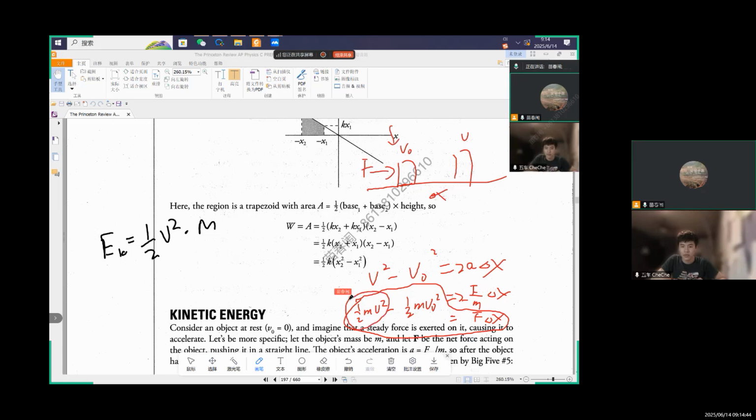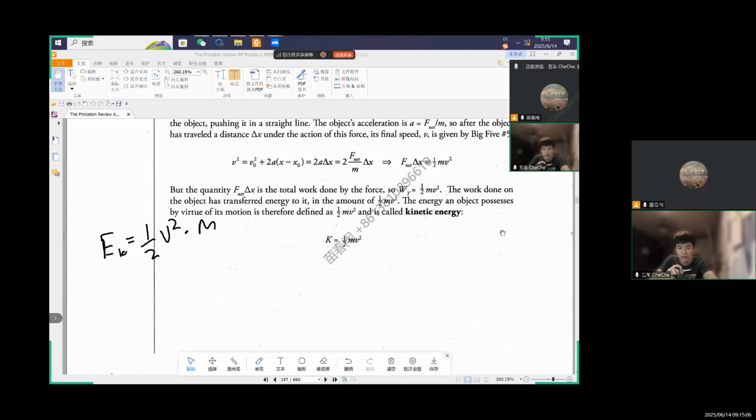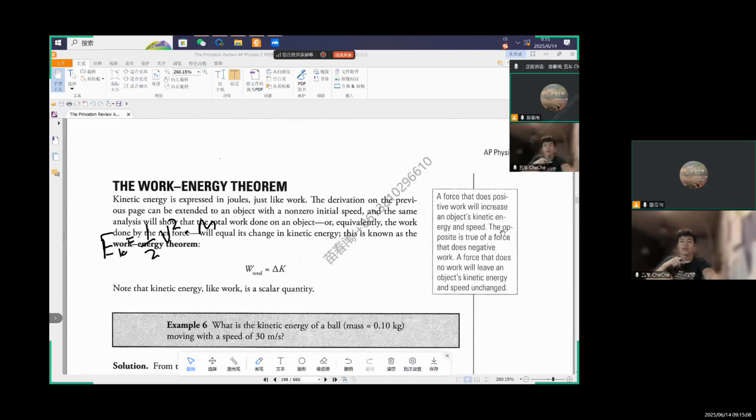It's the energy initially, and this is the energy finally. This is the definition of kinetic energy, and it is also proven in a lot of other situations and phenomena. So that's why we keep it that way. So this is kinetic energy.